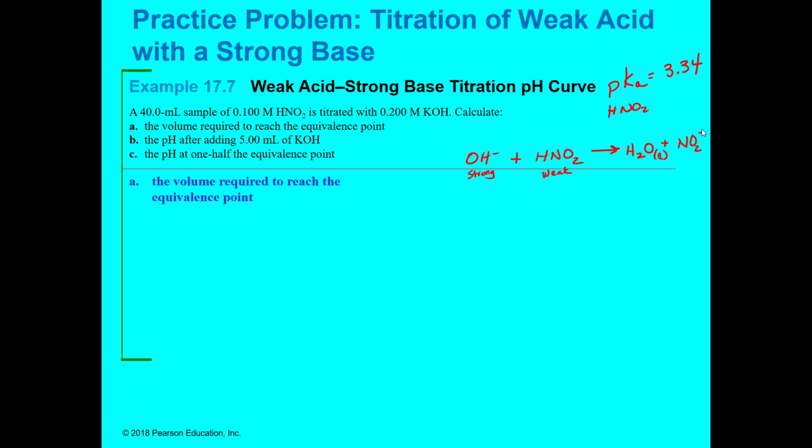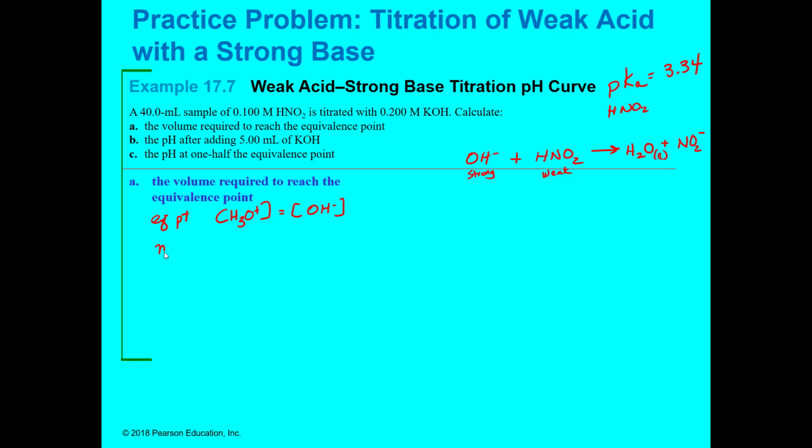All right, so the first thing it's asking you is how much does it take to reach the equivalence point? At equivalence point, the H3O plus is going to equal the OH minus. So we're going to figure out how many moles of HNO2 we have and how many moles of the KOH it would take to have that concentration, because they've got to be equal.